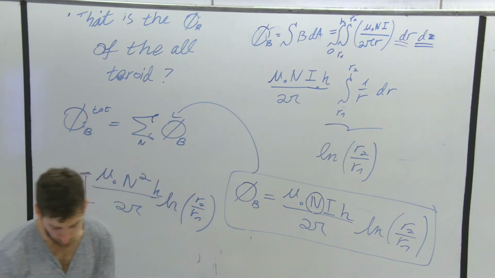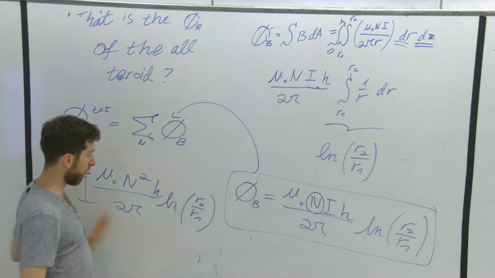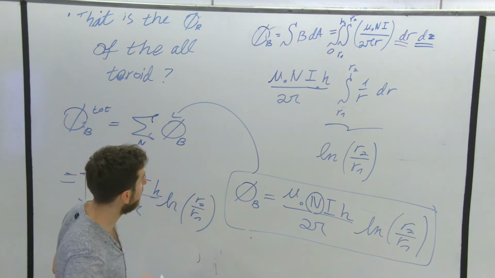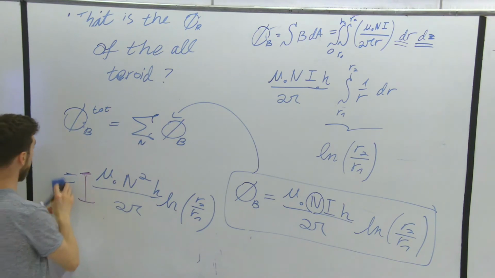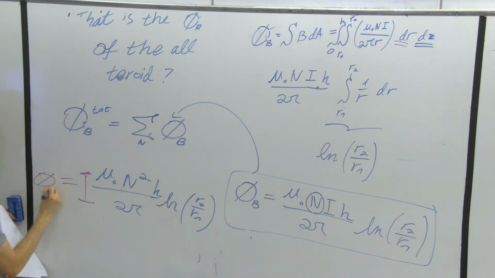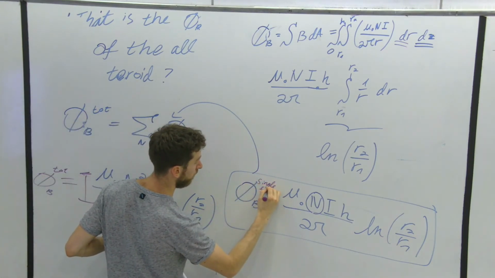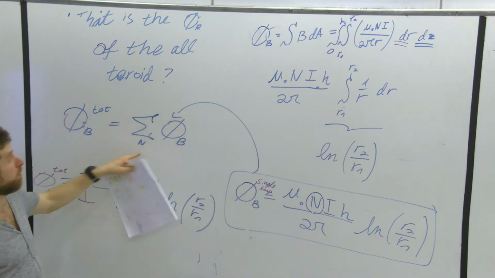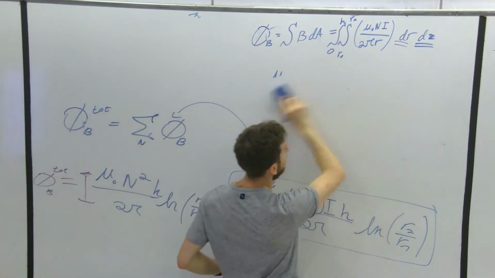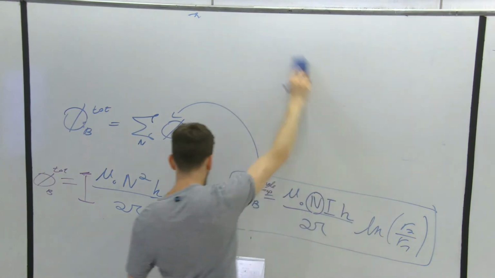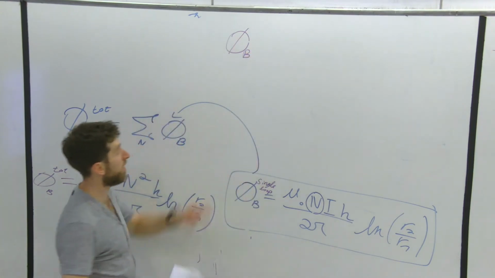Okay, so in general, I want to ask you right now a new idea. You see what we did here? Let's draw what happened in this question. We found the total flux of the toroid, which is phi b total, and the single loop. So I did kind of a superposition. In general, when you're talking about solenoids, inductors, all these concepts, you actually want to know the flux. That's what interests us.